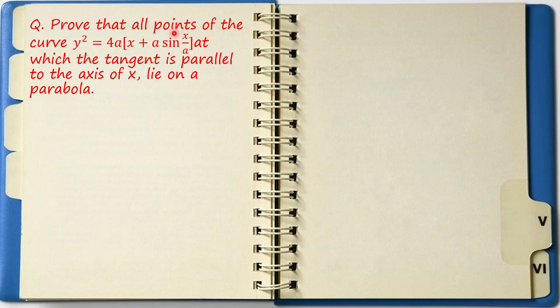Prove that all points of this curve at which the tangent is parallel to the x-axis lie on a parabola. So what do you mean by this question? One curve is given and one condition is given, that the tangent should be parallel to the x-axis, and these points of contact will lie on a parabola.